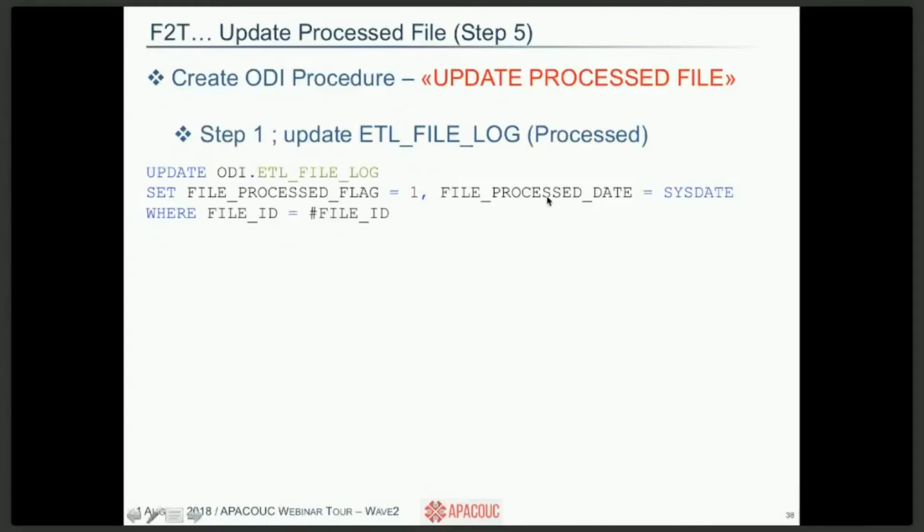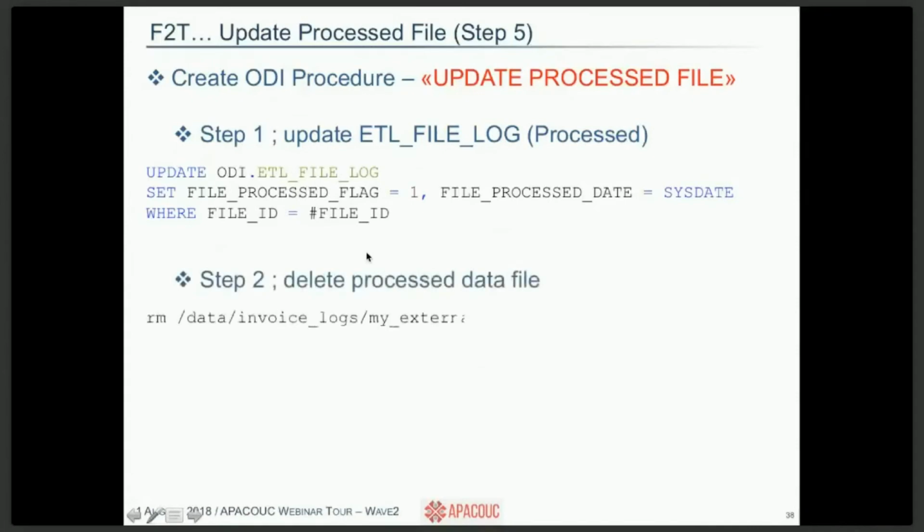It means I will not read this file again and insert it into the table again. And as you can see, we are doing all those operations with the file ID. And if the file is successfully processed, I mean loaded into a table, delete the processed data file and the related logs.